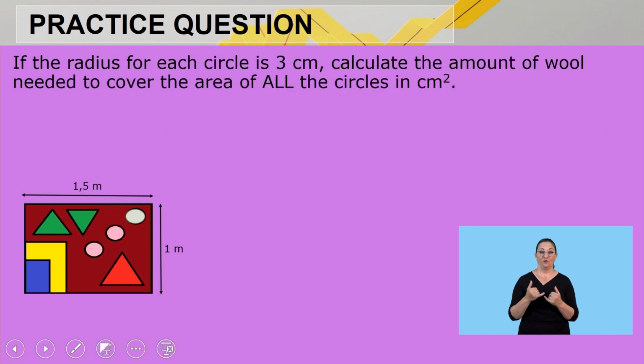If the radius for each circle is 3 centimeters, calculate the amount of wool needed to cover the area of all the circles in centimeters. So that means we are going to calculate the area of the circle. And we said the radius is 3 centimeters.